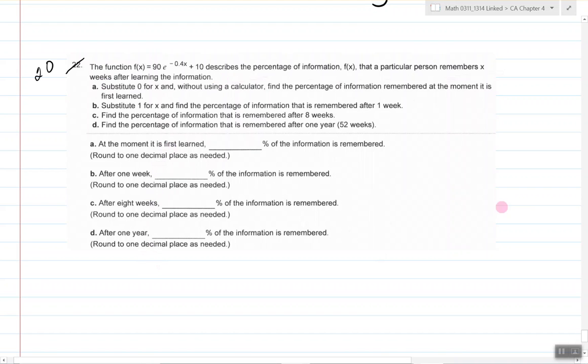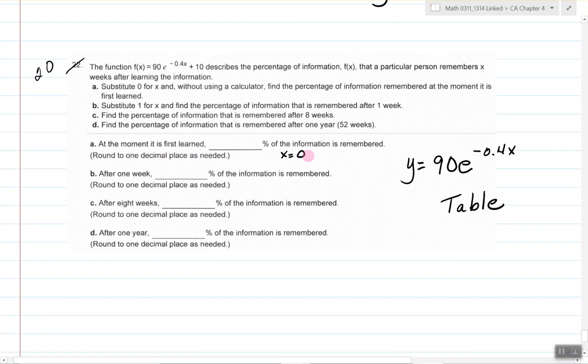So I'm going to go to the y equals and put in 90 times e to the negative 0.4x, and then I'll be going to table. For the first one, it says at the moment first learned, x will be 0.